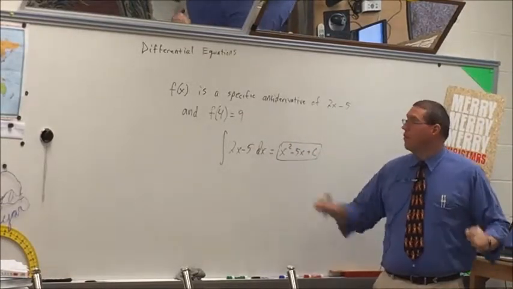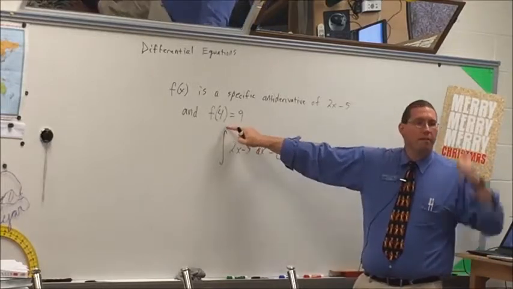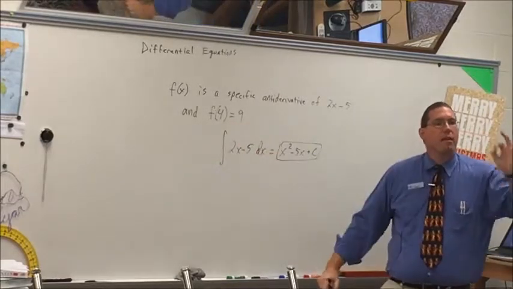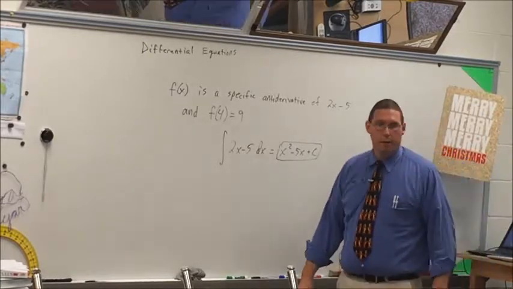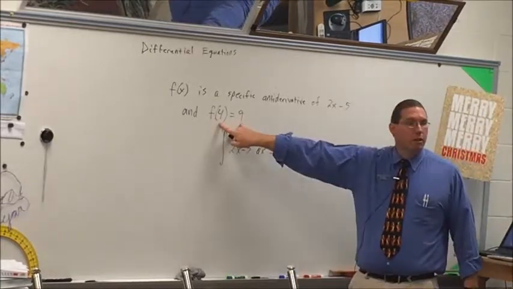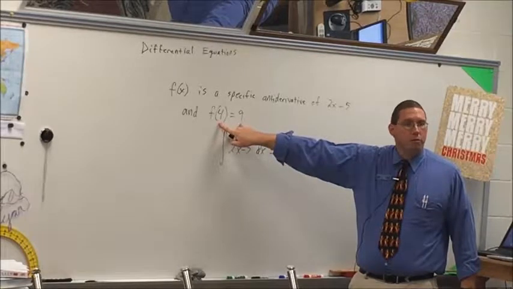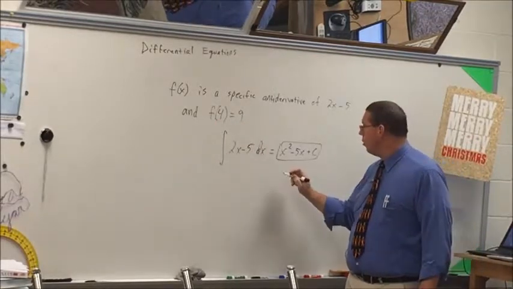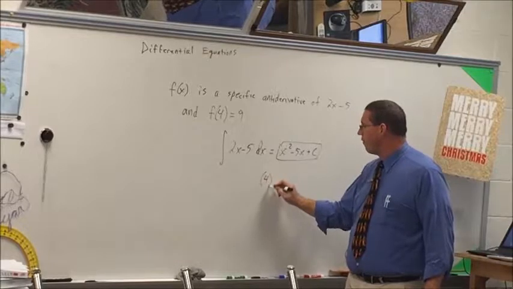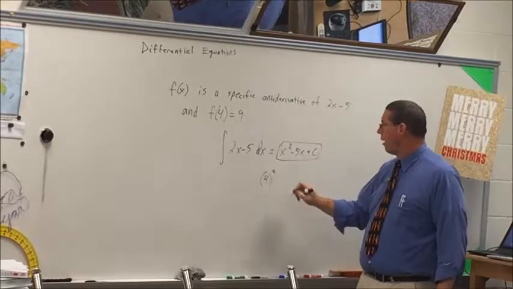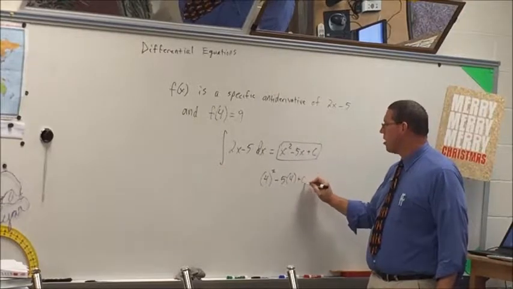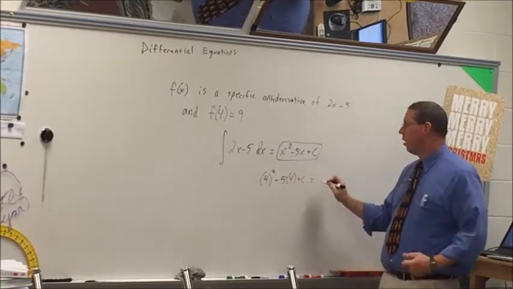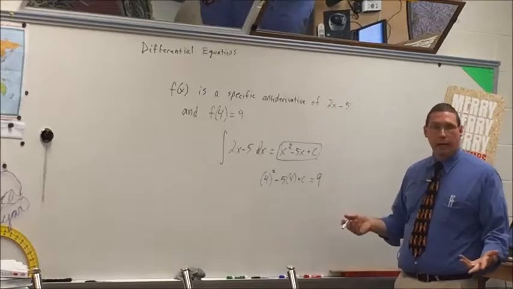That's right, plug in 4. I want you to think of the phrase the initial condition. So we're going to plug in the initial condition. If we plug a 4 in for x, so 4 squared minus 5 times 4 plus c, what must this equal? 9. This must equal 9.